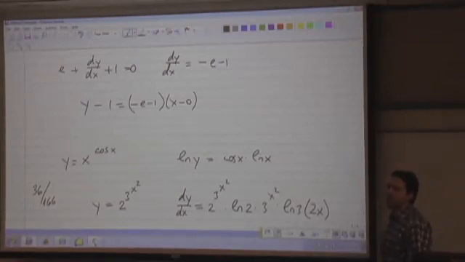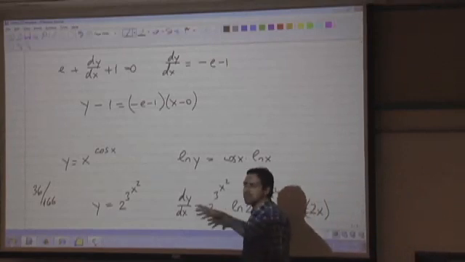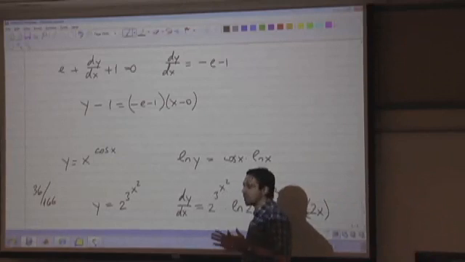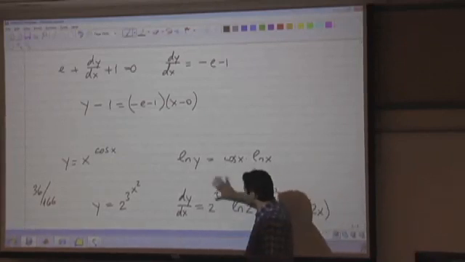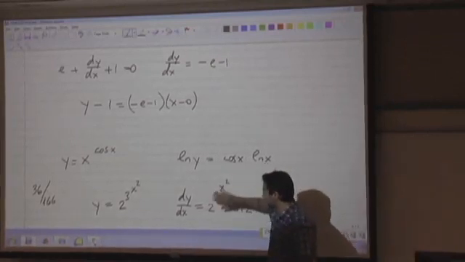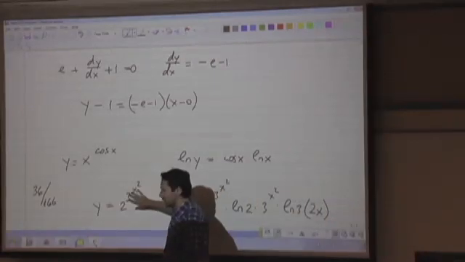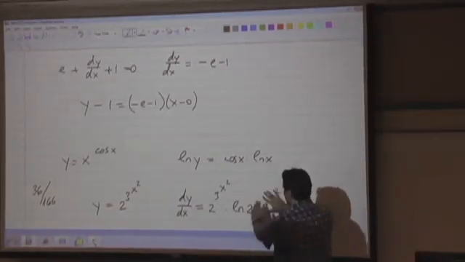This is why I keep calling it stuff, because it's easier to notice. Just think about it as a black box. You don't necessarily know what's in it, right? That's actually how chain rule works. So I have 2 to some function. When I take the derivative, it's going to be 2 to that function times ln of 2 times the derivative of that function.